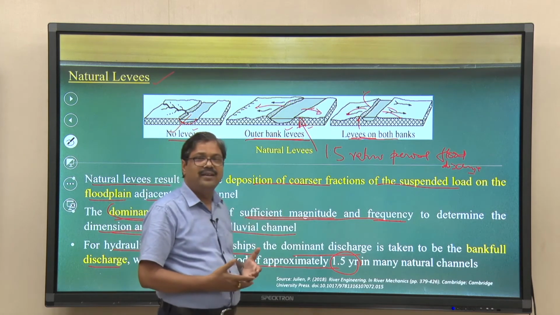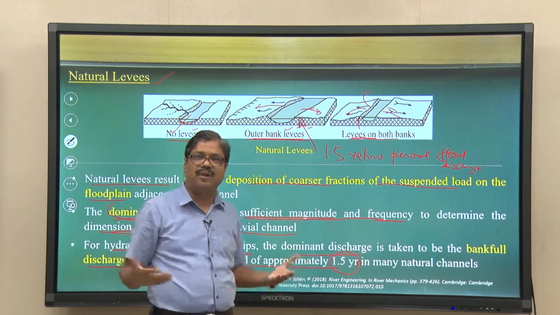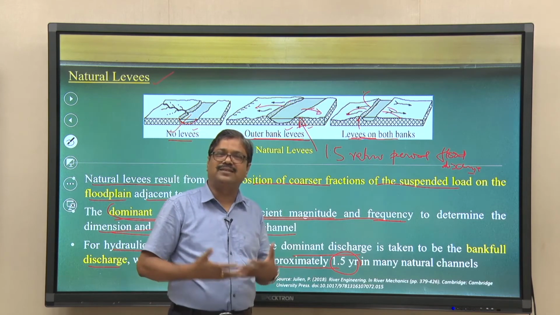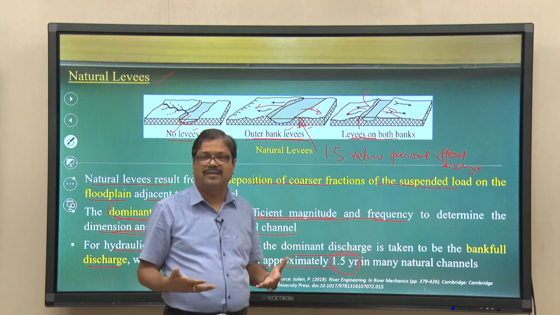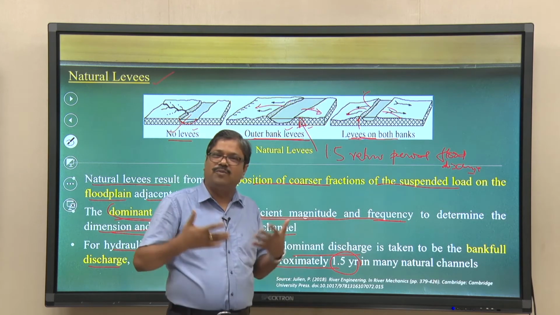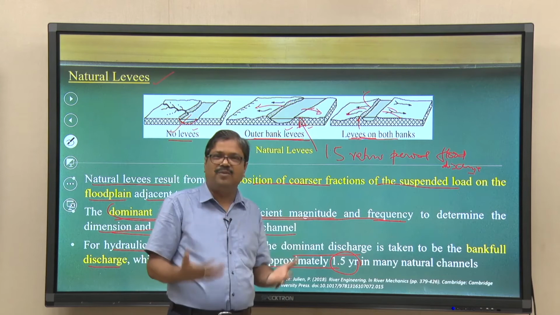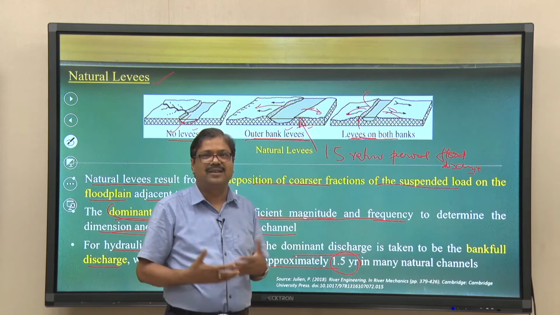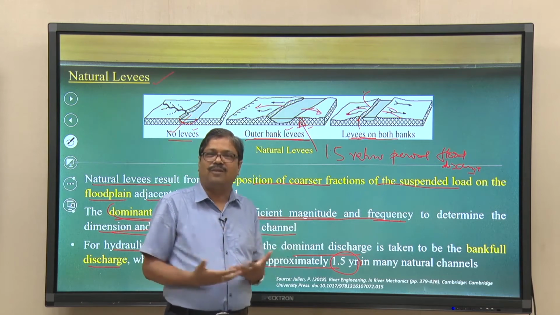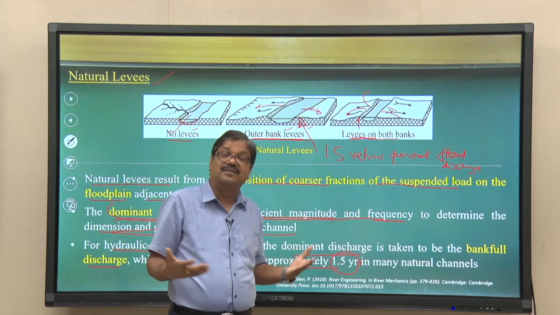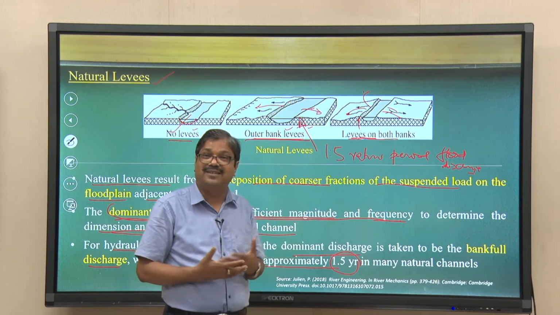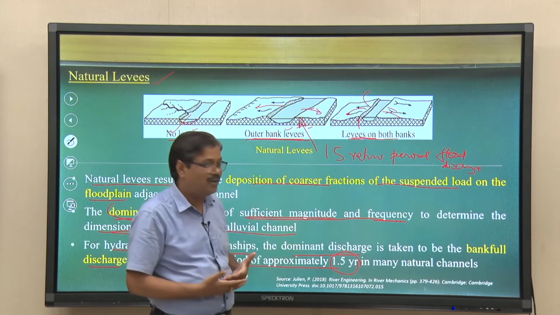But naturally the river creates its flood plains, and flood plain inundation happens at a rate of a 2-year return period. That means every 2 years, if we are living on the flood plain of a river in natural conditions, we should expect one flood event. That is the natural condition, but as we modify the conditions, we should try to understand what we are doing.